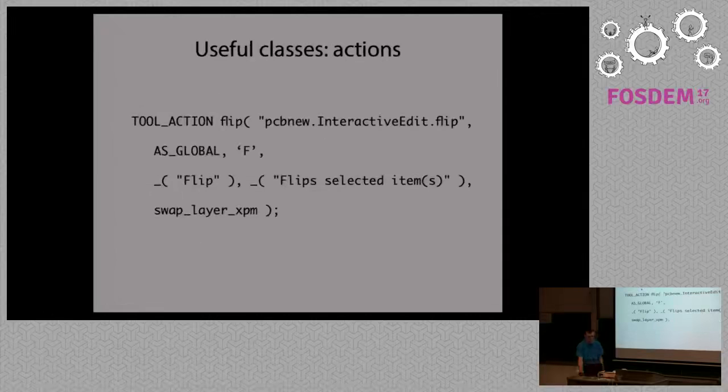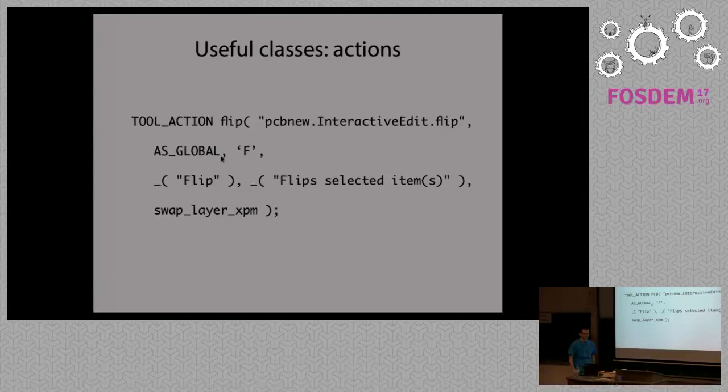There are also tool actions. A tool action represents an activity that you can perform in PCB-new. So for example, if you are writing an action to flip a selection, you just create a tool action that is named usually in a way that first you have the application, then there's the parent tool, and there's the action that is performed.